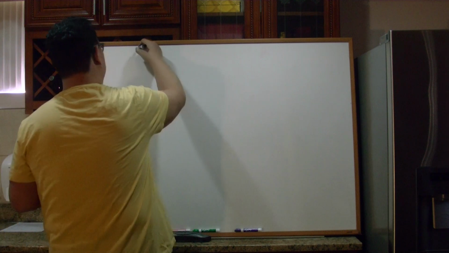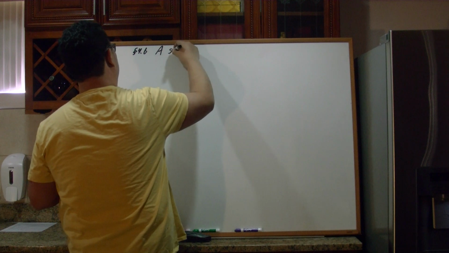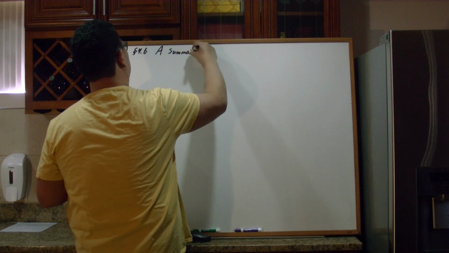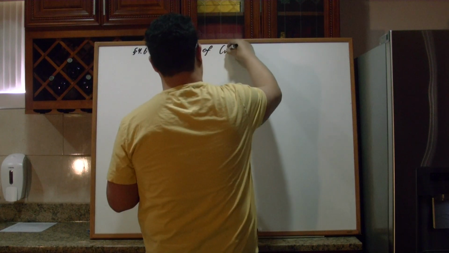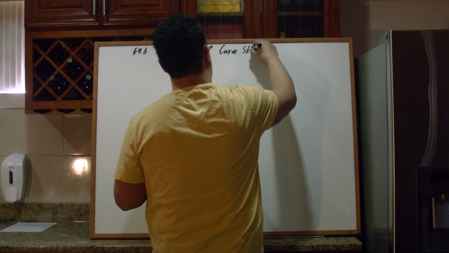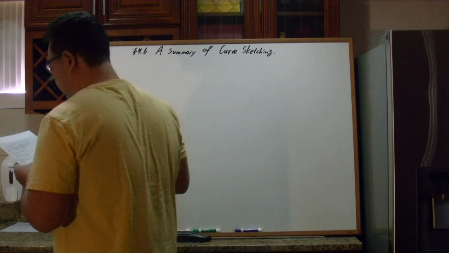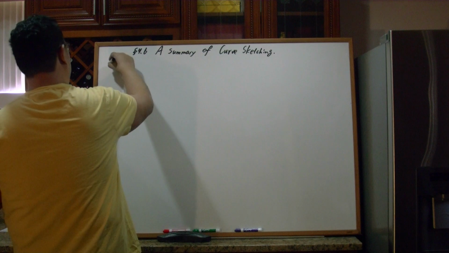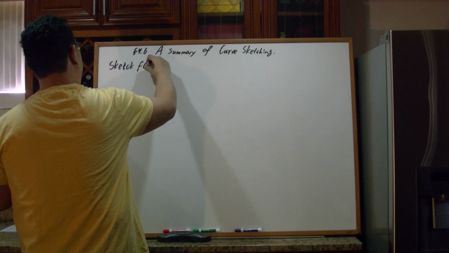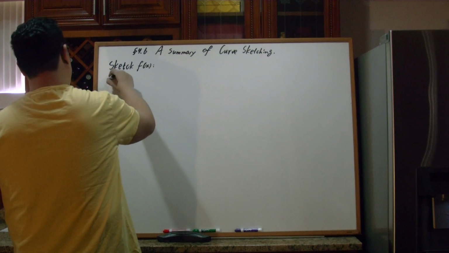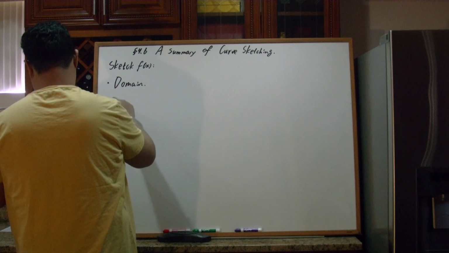Then 4.6 is the section of a summary of curve sketching. Given a function f of x to sketch, the first thing we need to take care of is the domain.